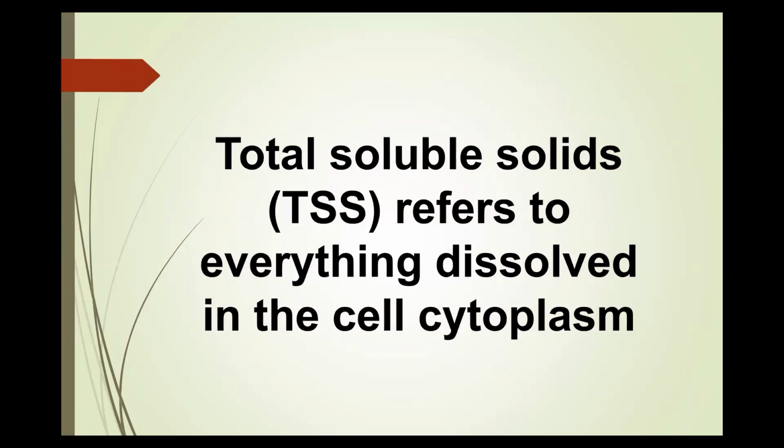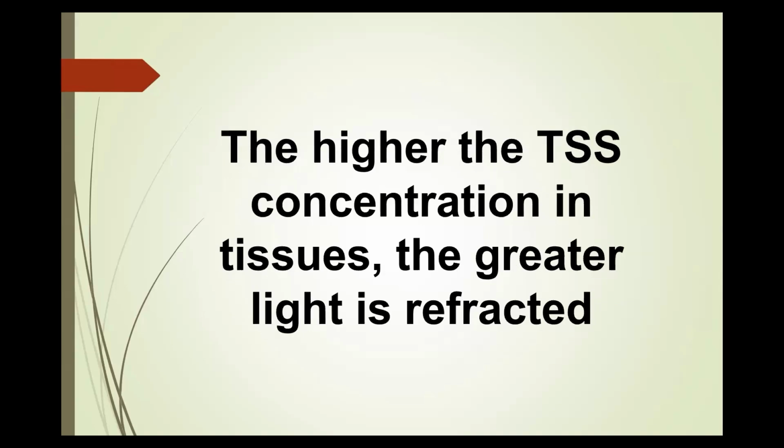Total soluble solids refers to everything dissolved in the cell cytoplasm and may include sugars, proteins, and mineral ions. The higher the total soluble solids concentration in the tissues, the greater light is refracted as it enters the tissues.